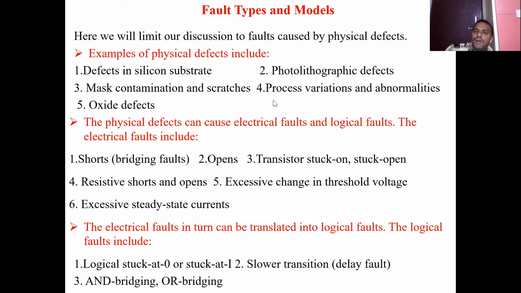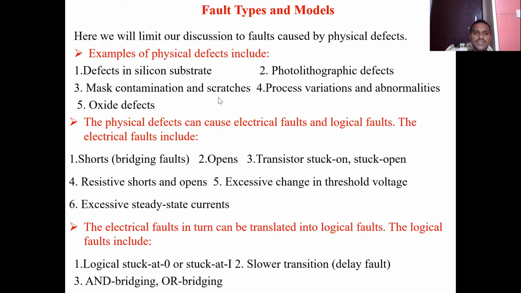During this lithographic etching process, there will be ups and downs in the material, and we get some defects. Those defects are called photolithographic defects.